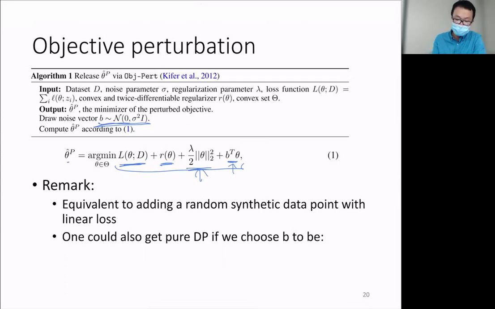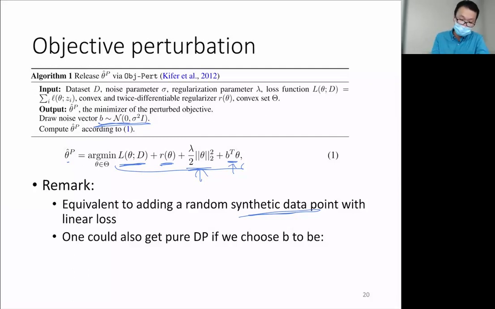This is equivalent to adding a random synthetic data point with a magnitude being B, and the corresponding loss function for that random synthetic data point is a linear loss. So we're perturbing this objective by a linear loss of some artificially created synthetic data point.